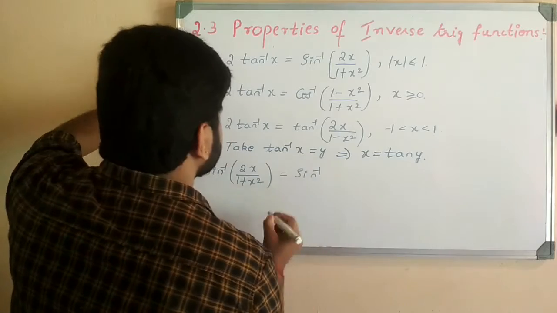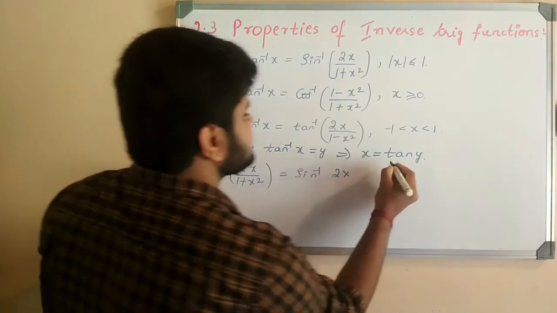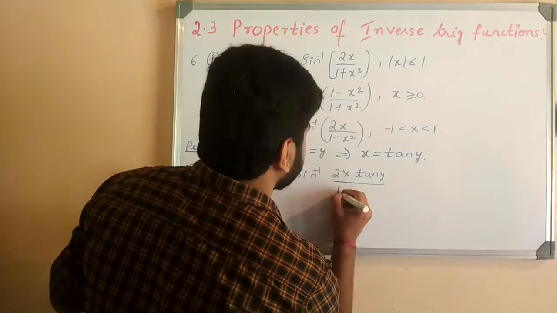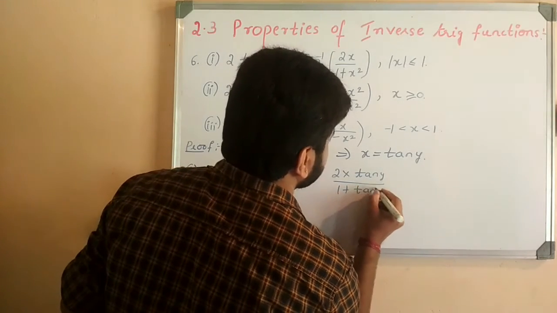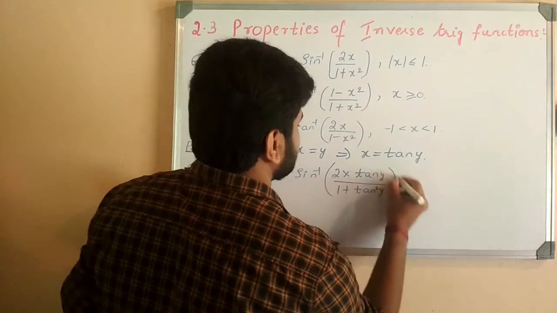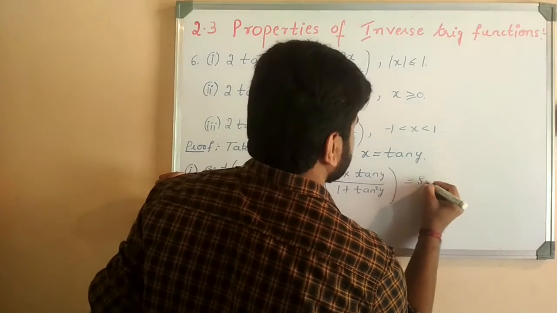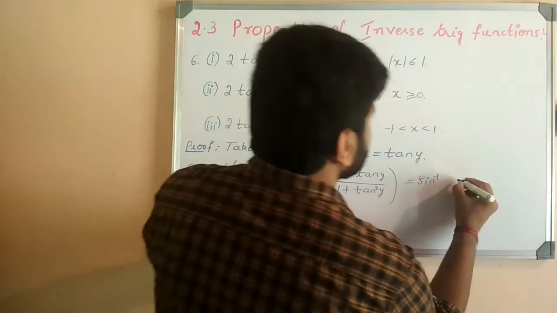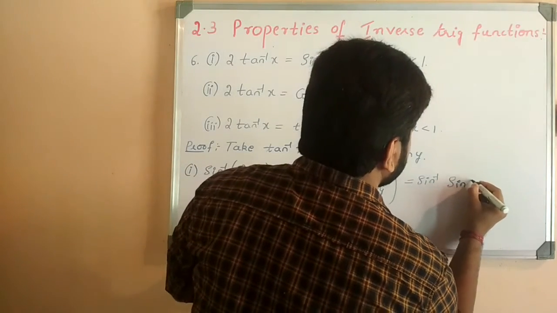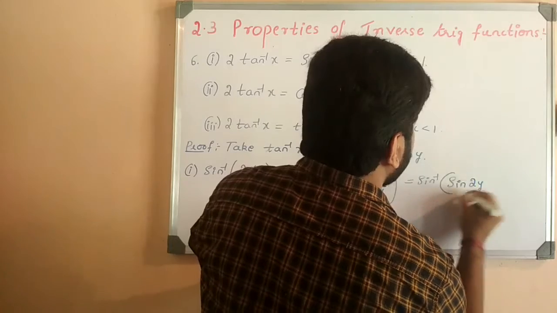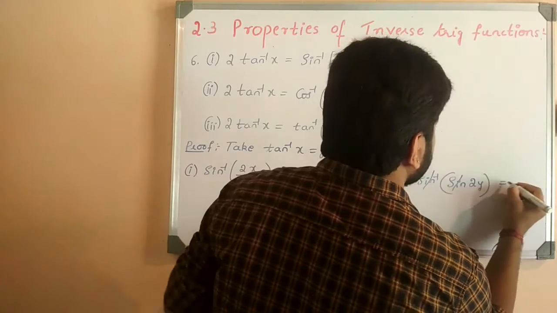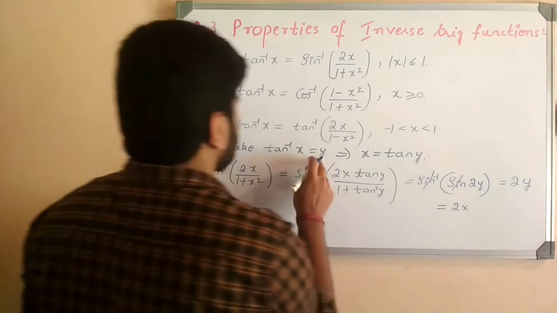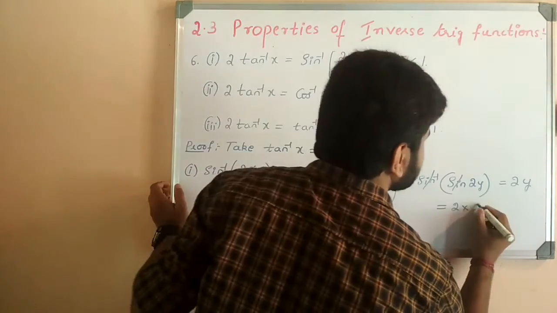So sine inverse of 2 into x means it is tan y. Tan y divided by 1 plus tan squared y. So this is the trigonometric formula for sine 2 theta, that is sine 2y. So it remains with 2y, which is equal to 2 into y means tan inverse x.